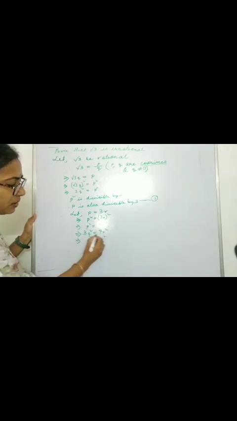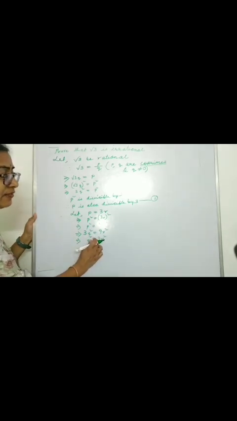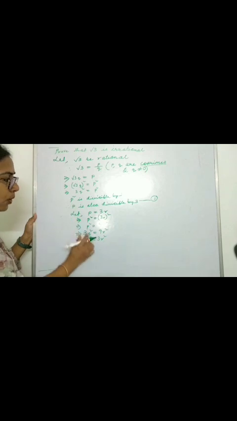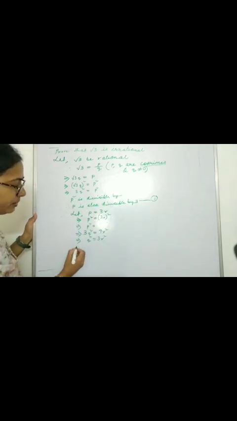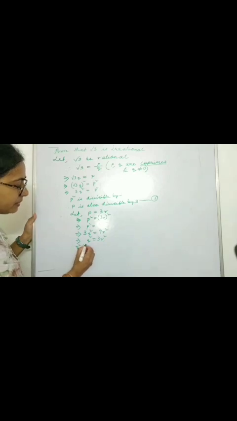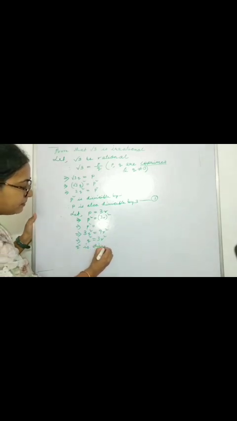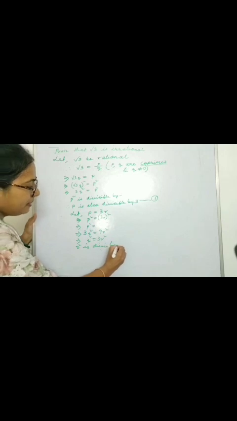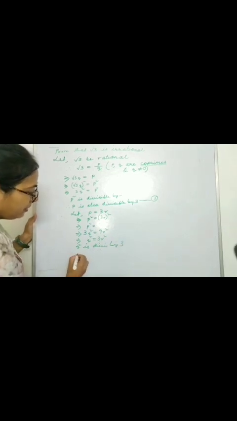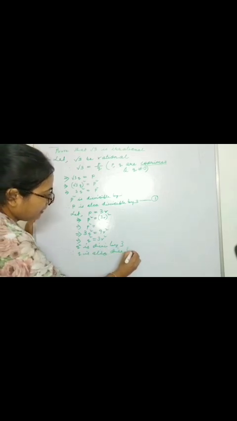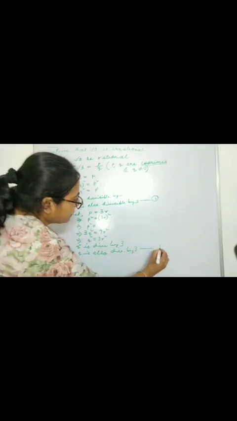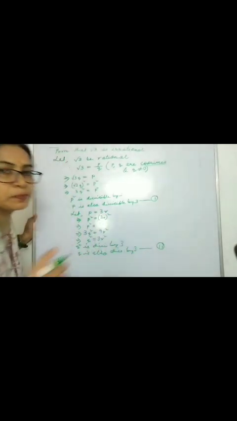So what we have noticed here, q square equal to 3r square means 3 is a factor of q square, or we can write q square is divisible by 3. Therefore q is also divisible by 3. This one we can mark as number 2.